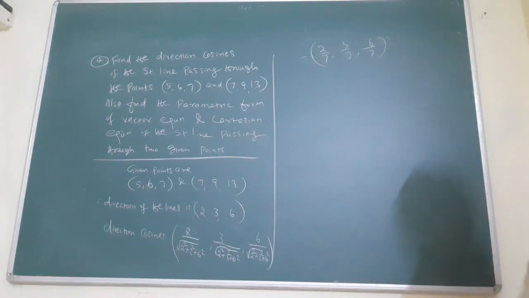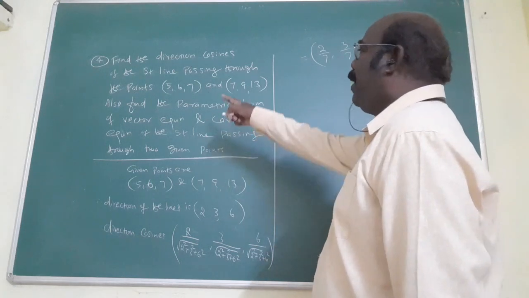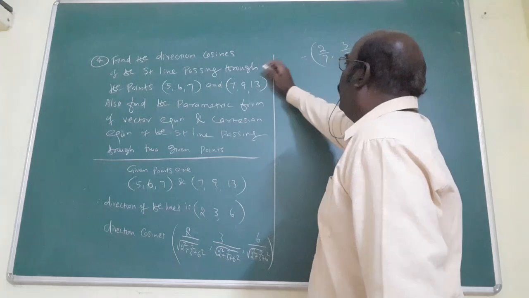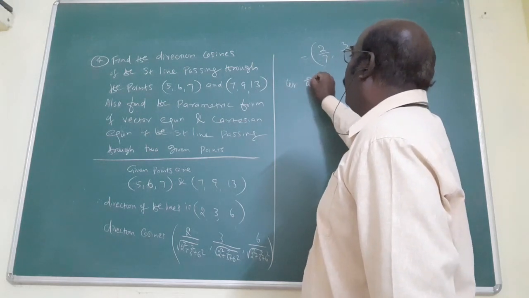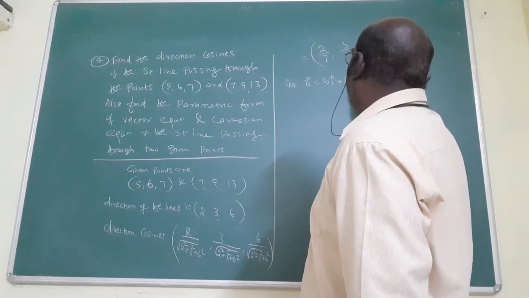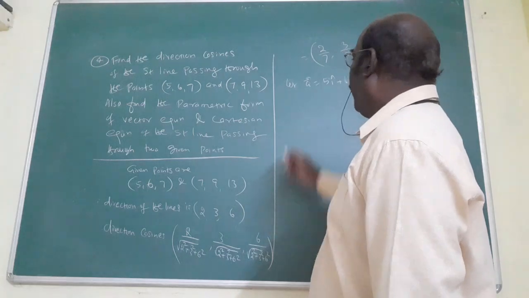First part over. Now, two points are given. What is asked? Let A vector equal the first one: 5 i cap plus 6 j cap plus 7 k cap. Am I correct?